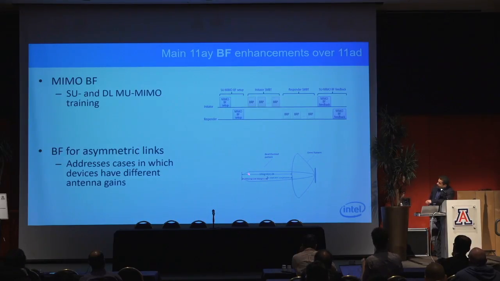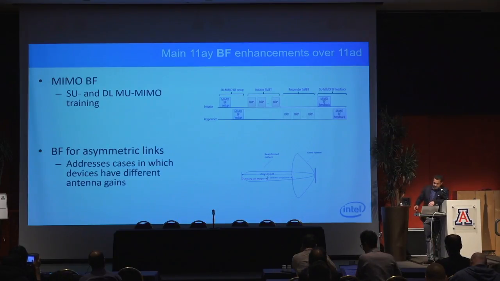There is one very nice application which is called beamforming for symmetric links, and this is for scenarios where you imagine a device like a phone, for example, that's trying to connect with a base station or an access point. The access point or the base station is going to have a much larger array than the client device.